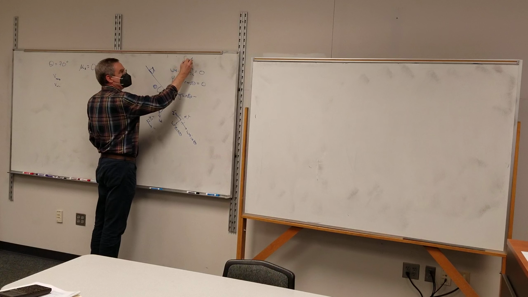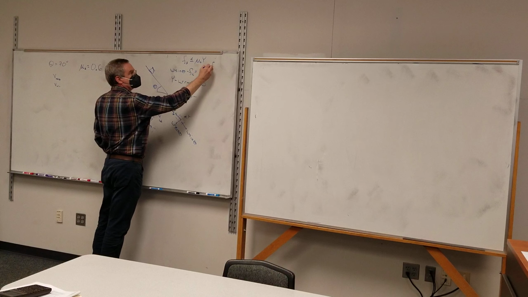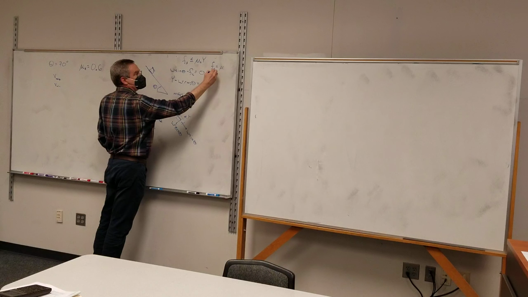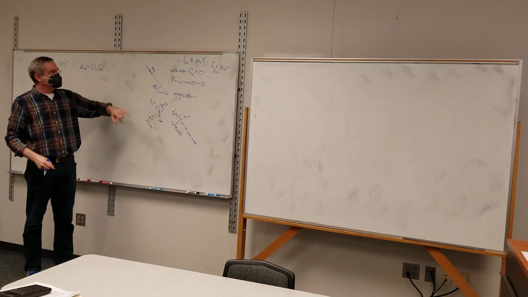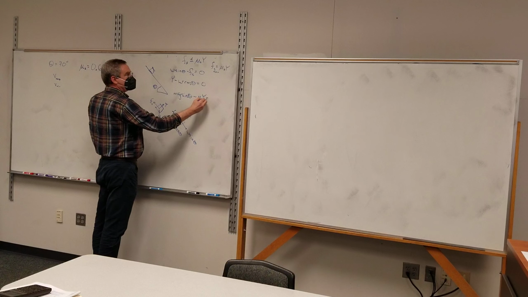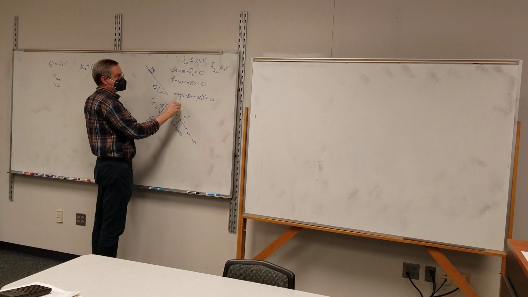So static friction is less than or equal to mu sub s times the normal force, and the breaking point is when the static friction equals that maximum amount. And since we're looking at that breaking point, we'll be using mu sub s here. And then N is equal to mg cosine theta.